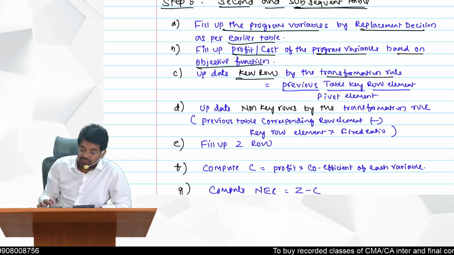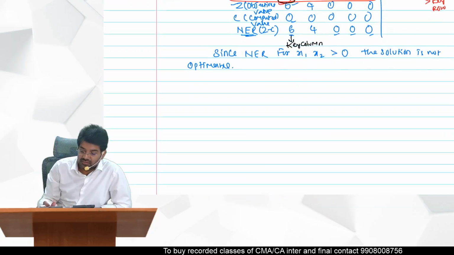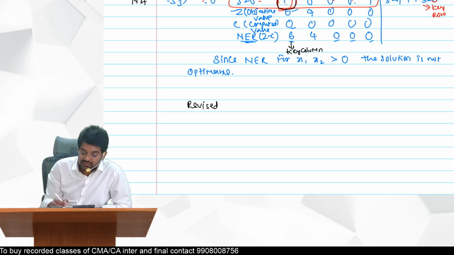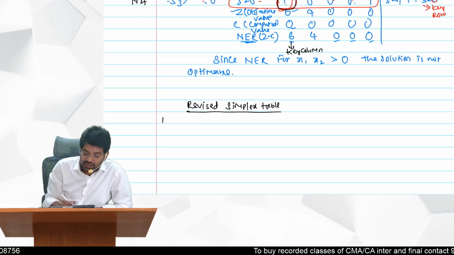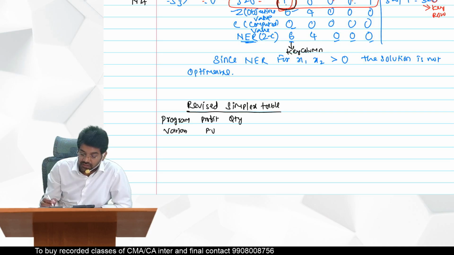So now first of all, we should again prepare the revised simplex table: program variable, profit per unit, quantity, decision variables.